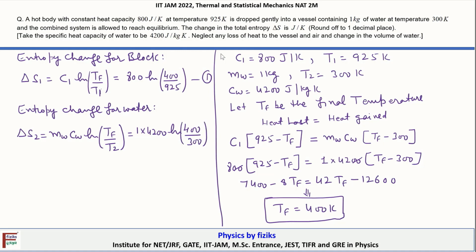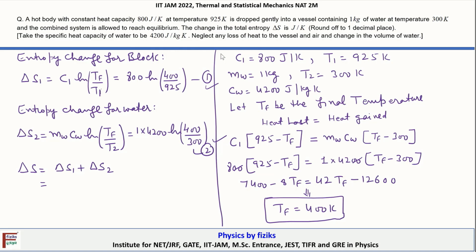Therefore the net entropy change for the composite system, delta S, is equal to delta S1 plus delta S2, given by equation 1 and equation 2 respectively. After evaluating these logarithmic quantities, in equation 1 it's ln 400 by 925, so this is going to be negative. If we substitute these values, we obtain the final result.